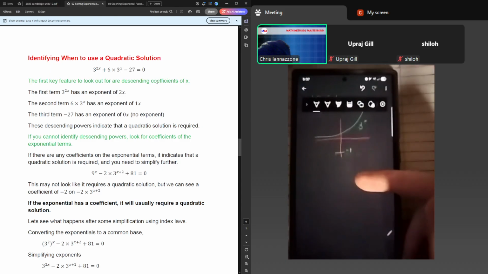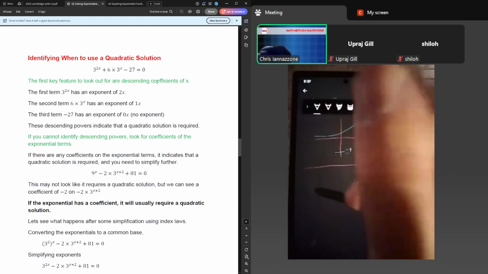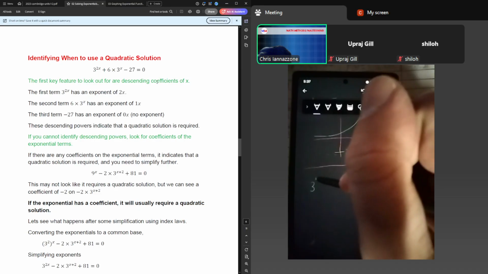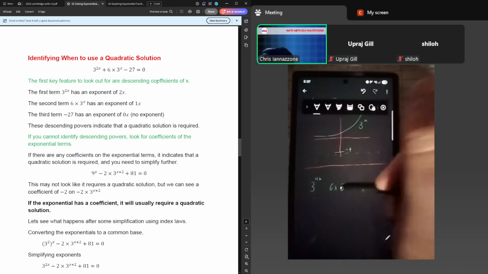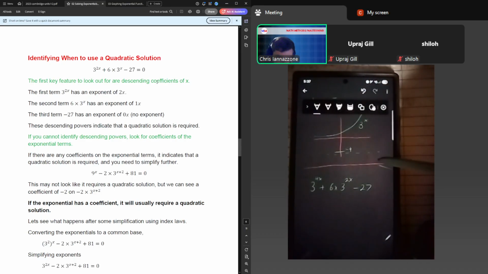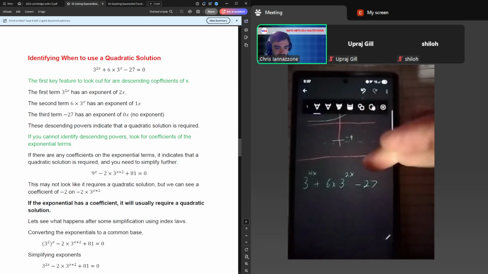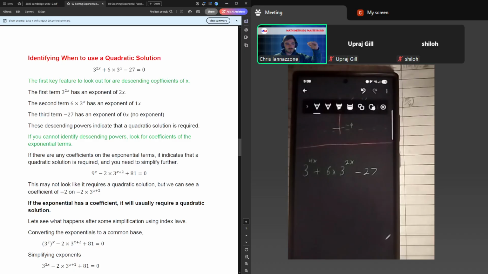It could, for instance, be something like, if I were to again draw on the handwritten section, you could potentially have 3 to the 4x, then, I don't know, 6 times 3 to the 2x, and then some other constant, right? You still have the same sort of ratio, which is they're going from 4 down to 2 down to 0. They have this uniform, I guess you'd call it linear, descent downwards.